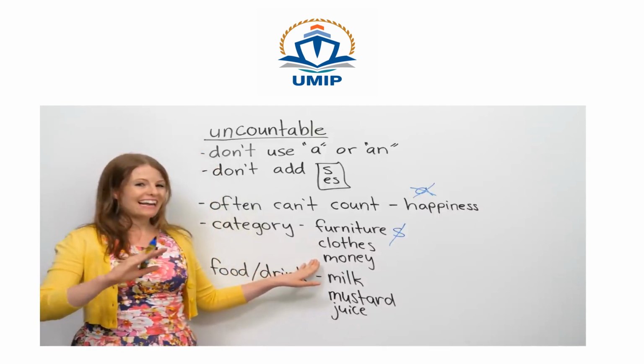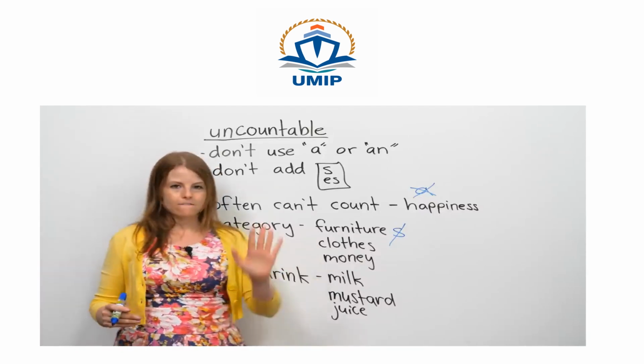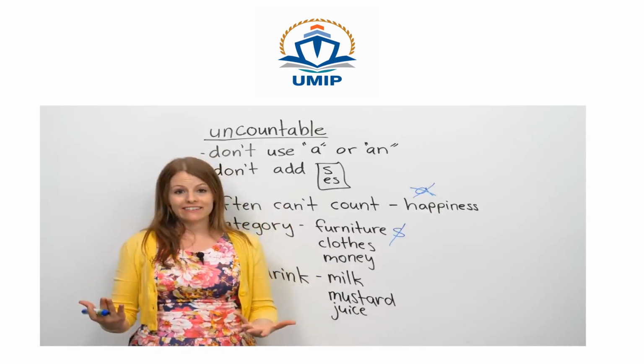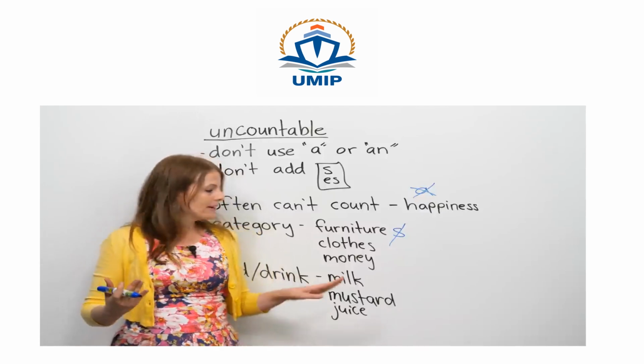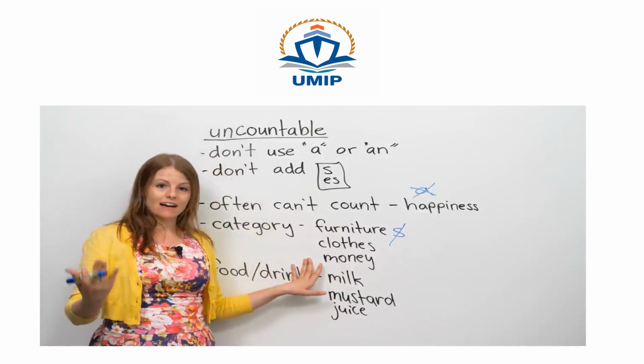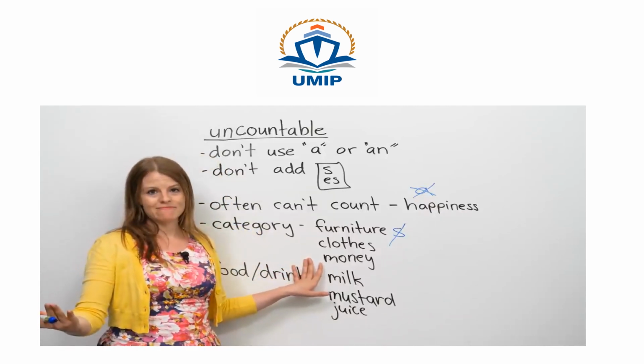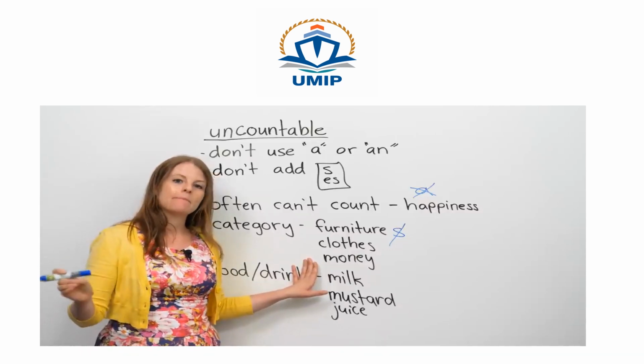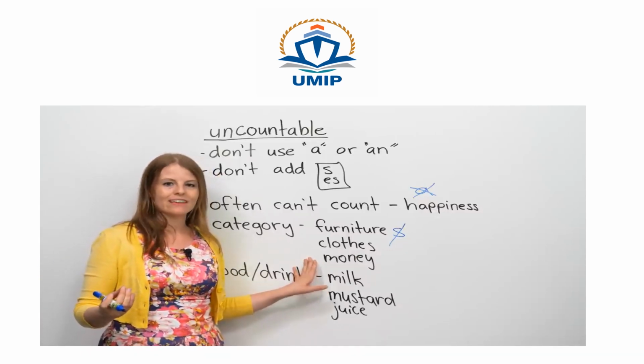So in English, I cannot say I have 5 money. And I also don't add an s to money. It always stays the same. I can say I have a lot of money or I have no money, but I can't actually put a number in front of money.